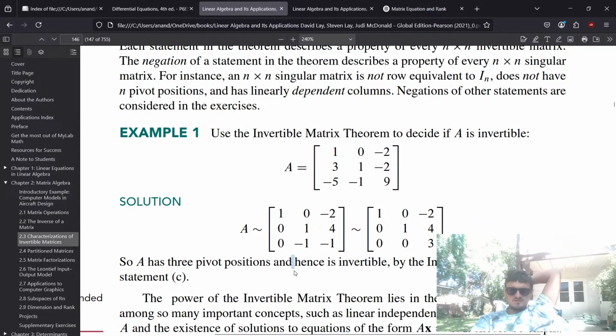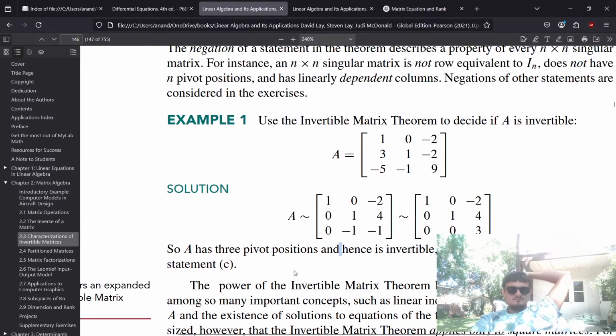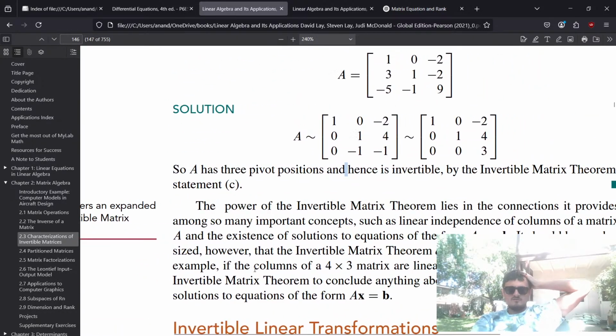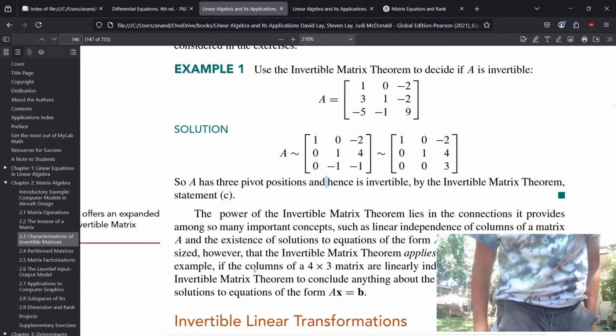So it has 3 pivots, so it's invertible. Wow. The power of the invertible matrix theorem lies in the connections it provides. Just so many concepts.